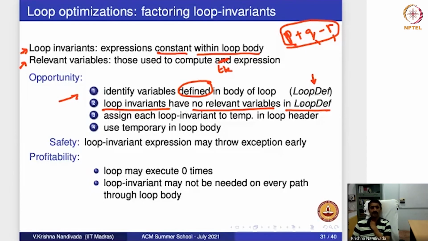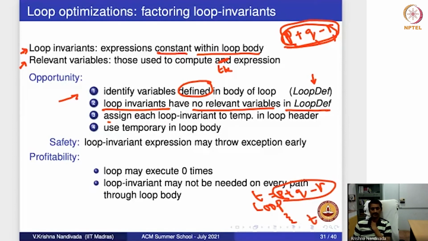Then what will I do? I will assign this whole loop invariant, and every other loop invariant I find, to a different temporary in the loop header. So if the loop starts here, before this I will write t equal to p plus q minus r, and wherever there was p plus q minus r, I'll replace it with t.